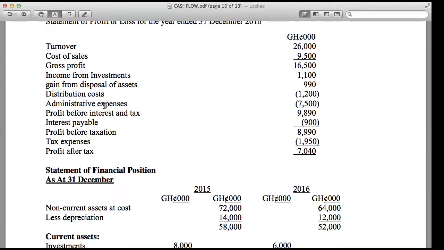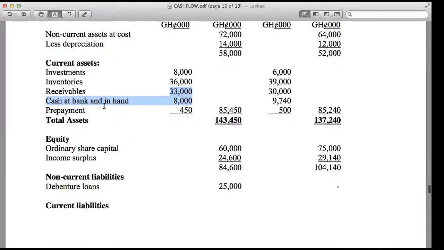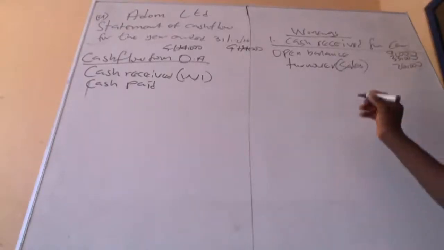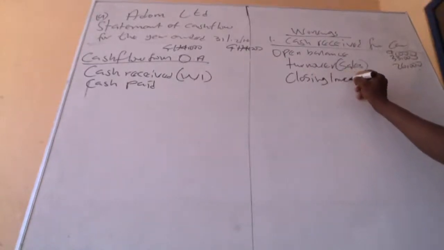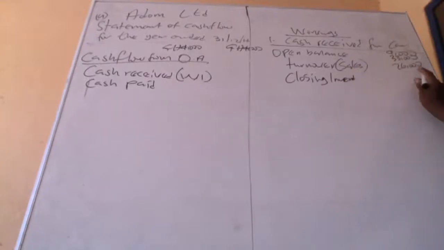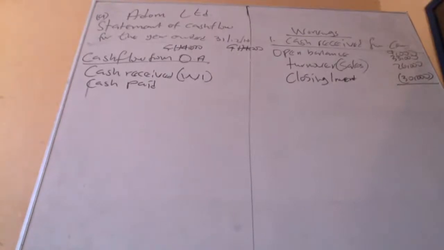Then we pick the closing inventory, which was 30,000. Good. So come here and say closing inventory, 30,000. With that one, you always subtract the closing inventory.